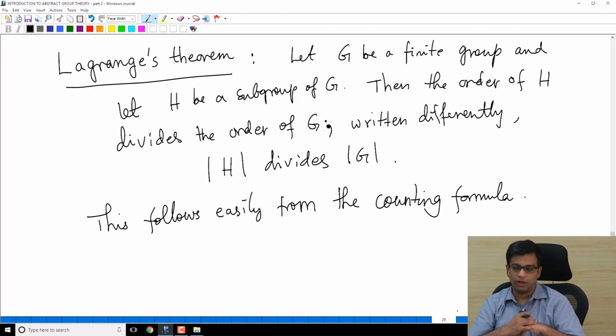Immediately you can conclude that if, for example, G is a group of order 6, for example S3, it can't have a subgroup of order 4, right? Because 4 does not divide 6. So that is what Lagrange's theorem says. Okay, so this is our first application of the study of equivalence relations and left cosets. It gave us a very important result about orders of a finite group and orders of its subgroups.